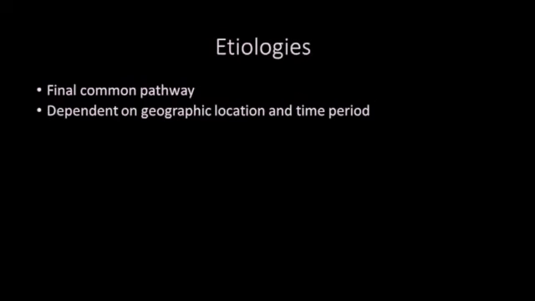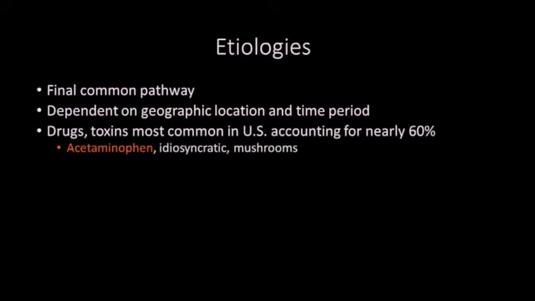As far as the causes, what we're talking about, this acute fulminant liver failure, that is the final common pathway for many etiologies. And the inciting cause has a lot to do with the geographic location of the patient and the time period of their liver failure. In the United States, drugs and toxins are the most common etiologies for fulminant acute liver failure, accounting for nearly 60%.